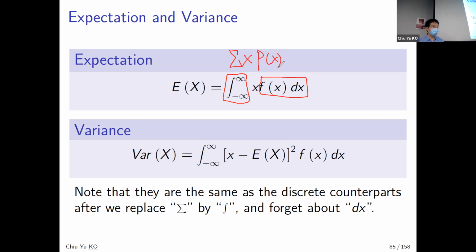That is loosely speaking, but almost correct, because if you know calculus, dx is just some interval of x. So basically f(x) times dx is just like p(x). But if you don't know calculus, you can just forget about it, and you don't need to do the calculation unless you care about the proof. But the idea is the same as the discrete version.